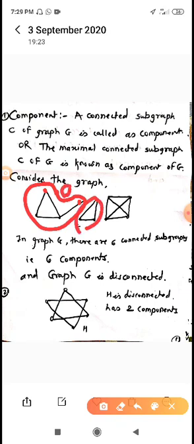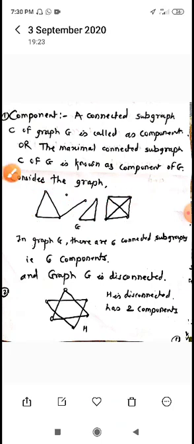This subgraph is connected, 3, and this subgraph is connected, this is 4. Therefore, sorry, by printing mistake, there are 4 connected subgraphs, that is, 4 components of graph G, and there is more than one component. Therefore we directly see that the graph is disconnected.